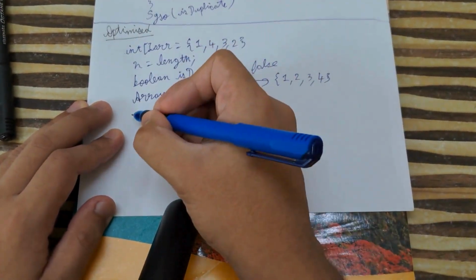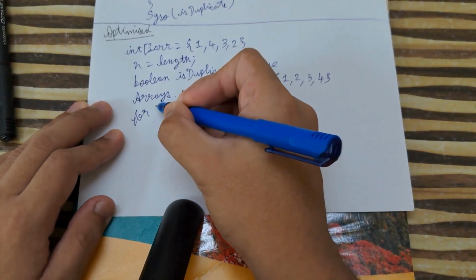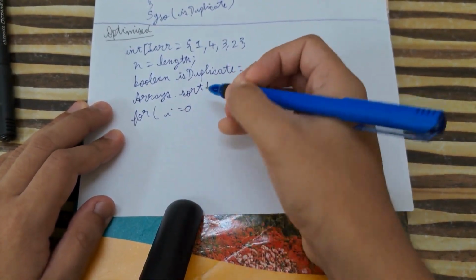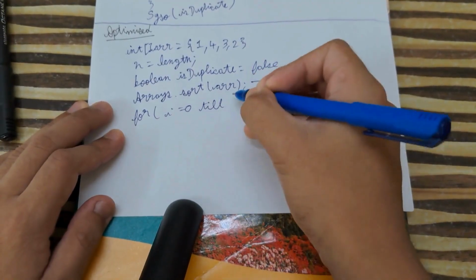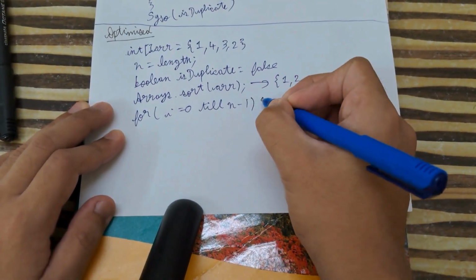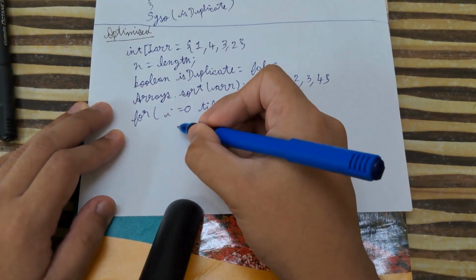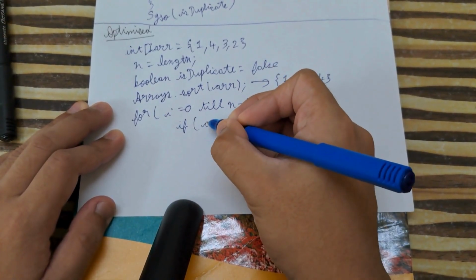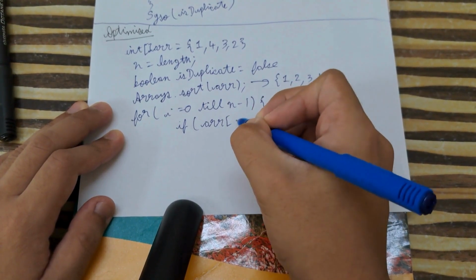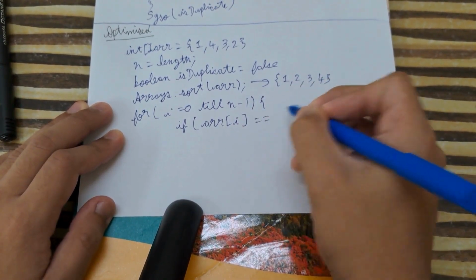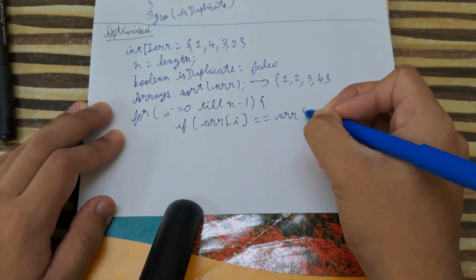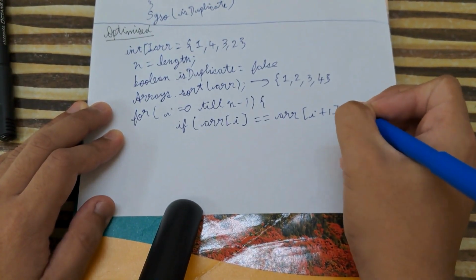So now we will start a for loop again, starting from i equals 0 till n minus 1. And then we'll check if the array i element equals array i plus 1.